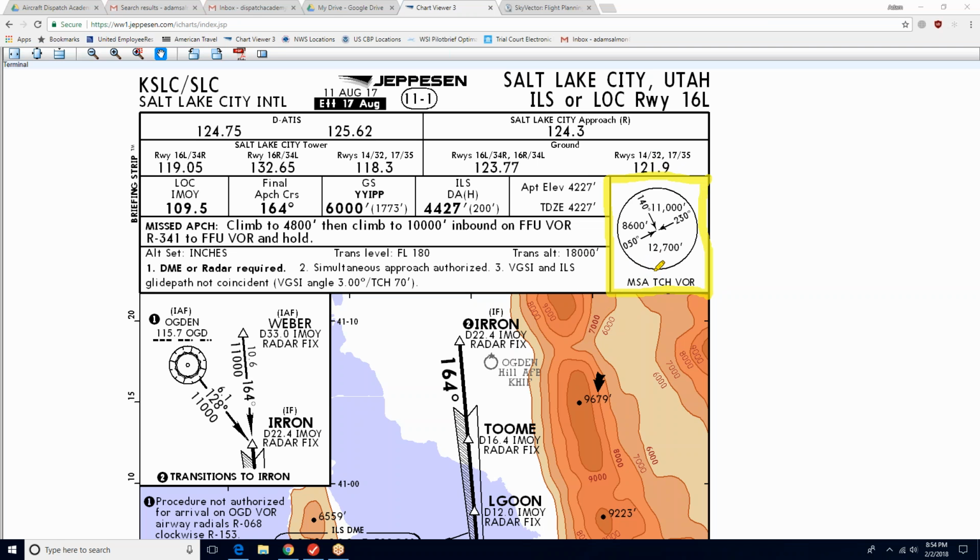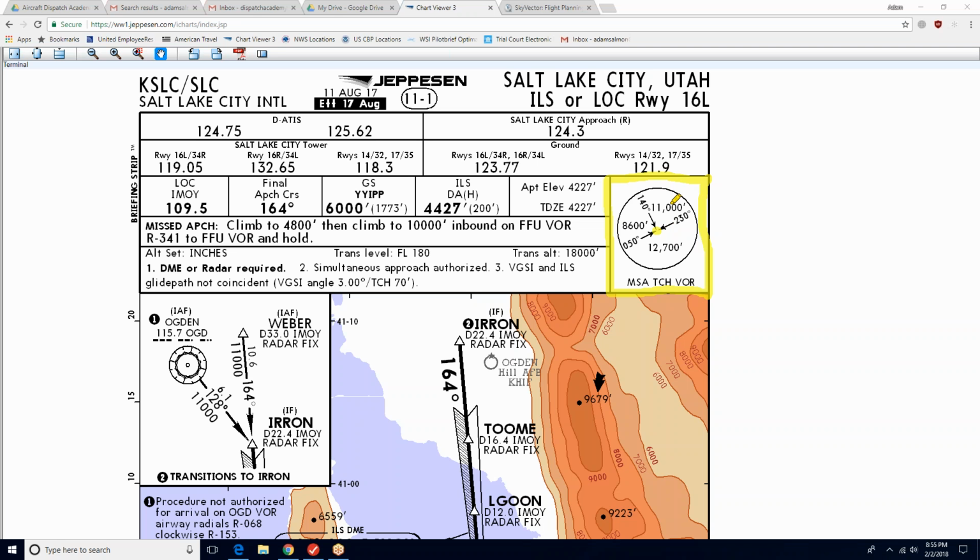What this means is these altitudes in this circle represent the highest terrain or obstacle clearance in the area. If you pretend where I put that yellow dot in the middle of the circle, that dot represents the airport.